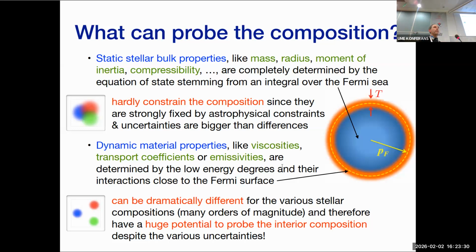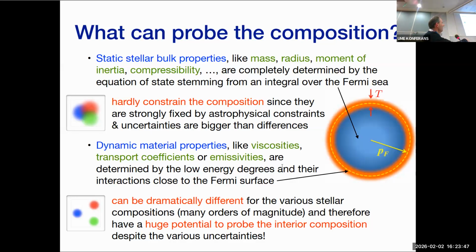You only have them because you have this tiny temperature, which gives you a few degrees of freedom above the ground state, quantum excitations above the ground state, that can then transport things for you or do anything dynamic.